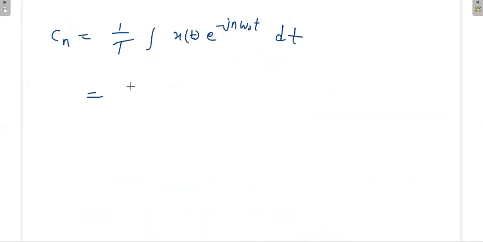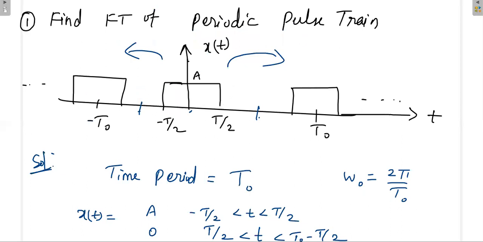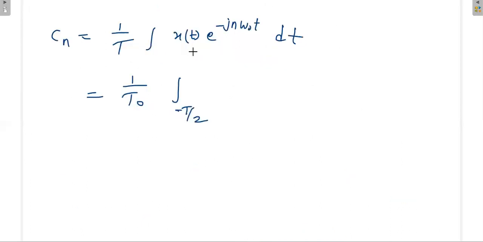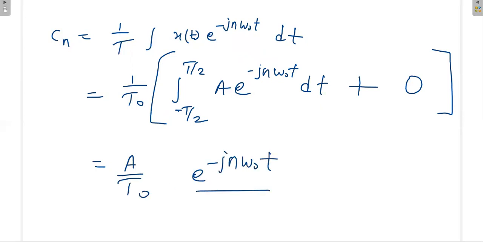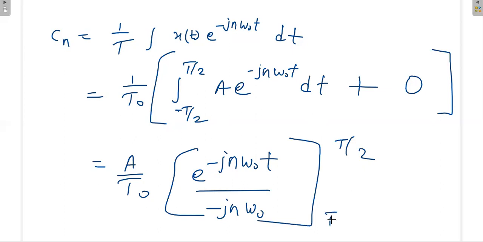Okay, so again, we can split the integral into two parts, from minus T/2 to plus T/2, where the integrand is A e^(-jnω₀t) dt, and the rest of the integration becomes 0. Then A/T₀ e^(-jnω₀t) divided by -jnω₀, applying the limit T/2 to minus T/2.